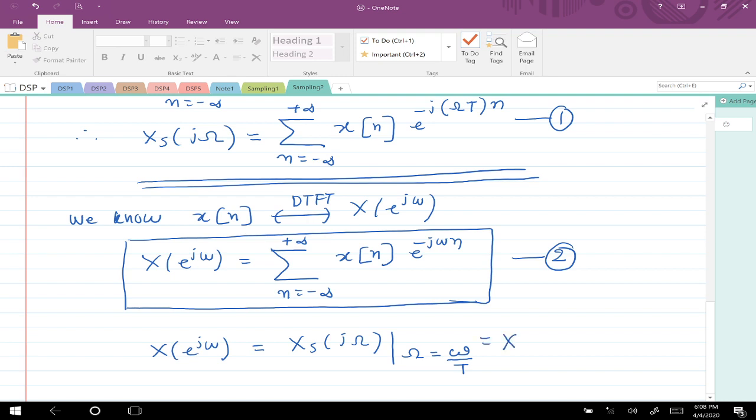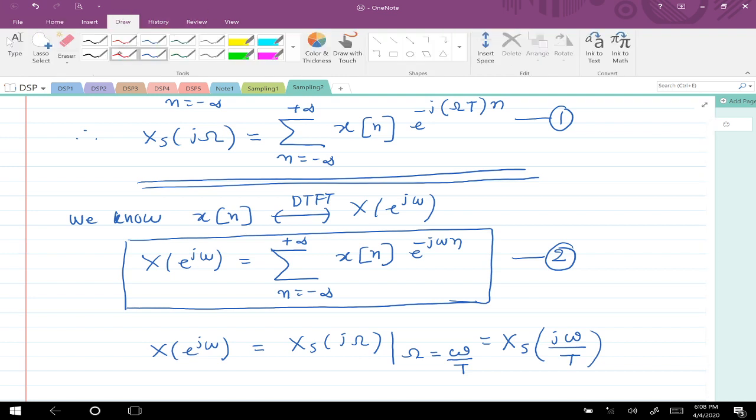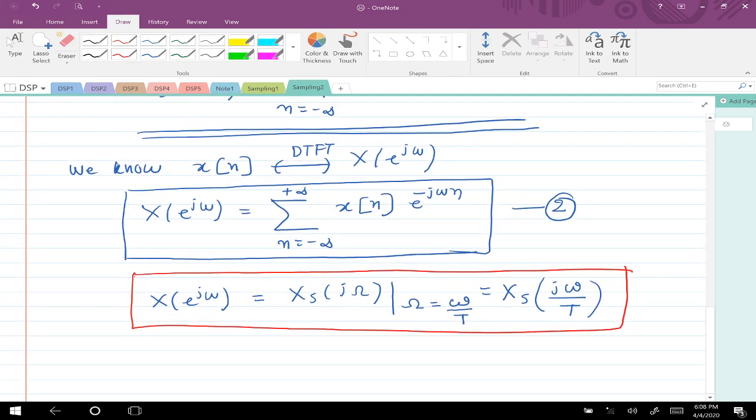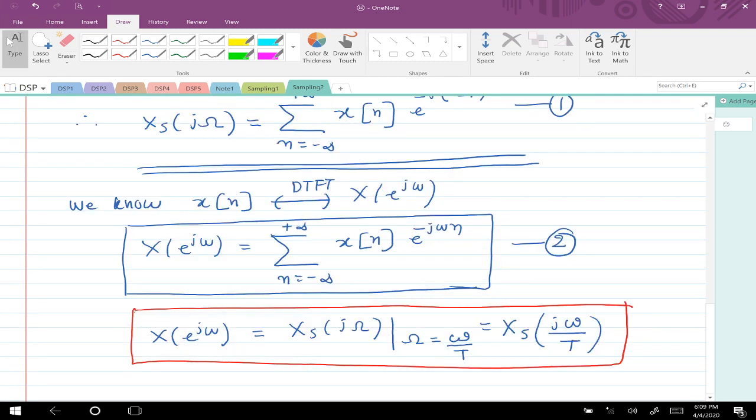In fact, I could also write it as Xs of j times omega by T. This is the relationship we were looking at. This is what gives us the relationship between X of e power j omega and the CTFT of the resulting signal obtained after multiplying the original signal with an impulse train.